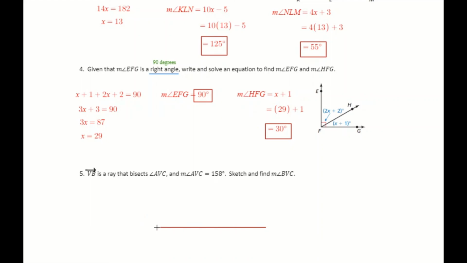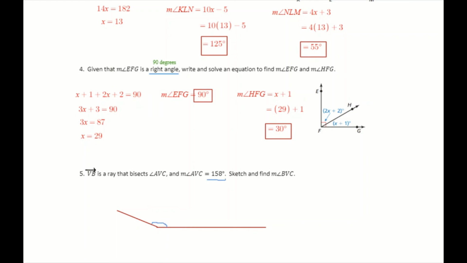So if I do 180 minus 158, that gives me 22, so I want this at 22 degrees. Let's see if I can get that. Oh, that's going to be a big angle, big old obtuse angle there. Close. That's close enough. Okay, so this right here is 158. And this right here is the 158.